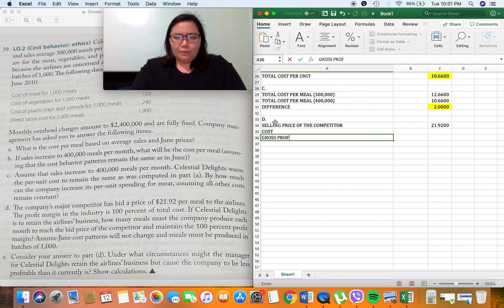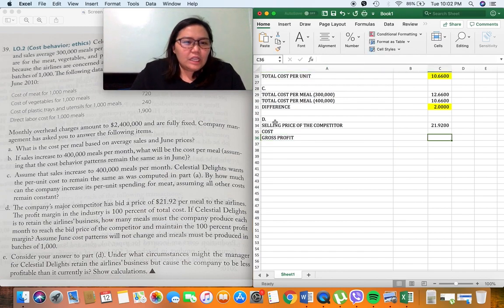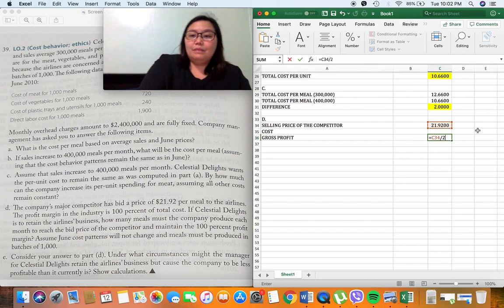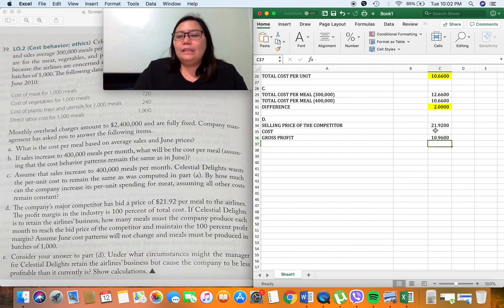So, if the profit margin is 100% of cost, so to compute for the gross profit, we will simply divide the selling price by 2. Okay? And then, to compute for the cost, we get the difference between the selling price and the gross profit.